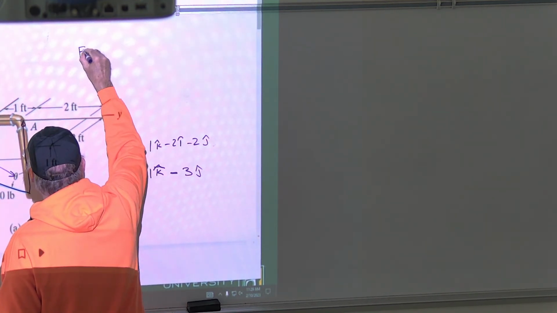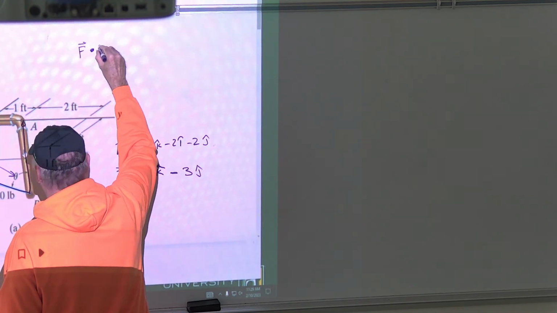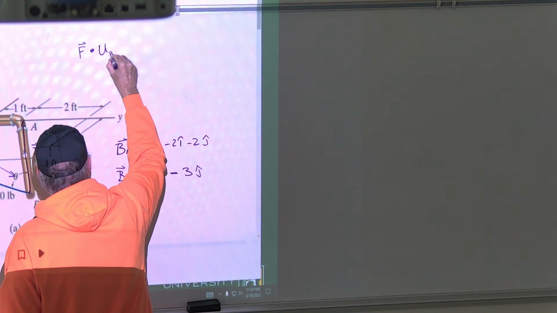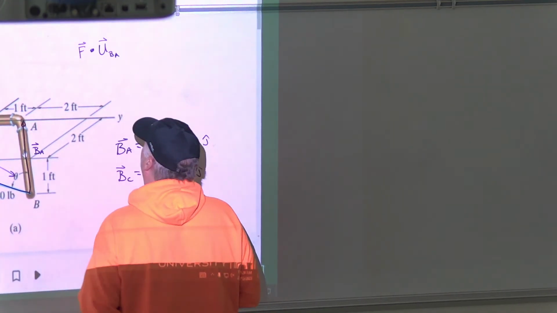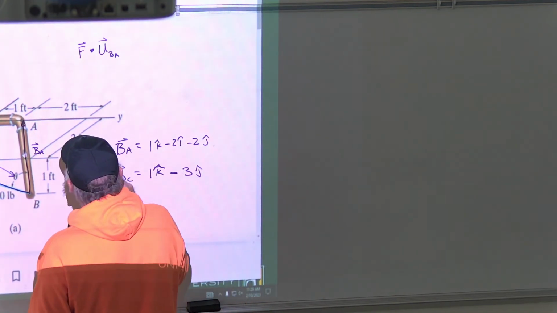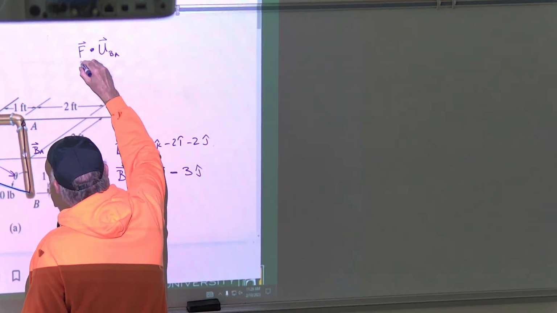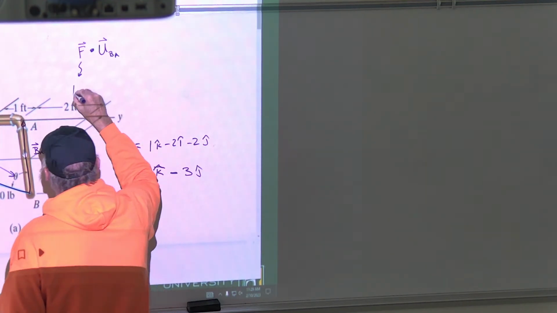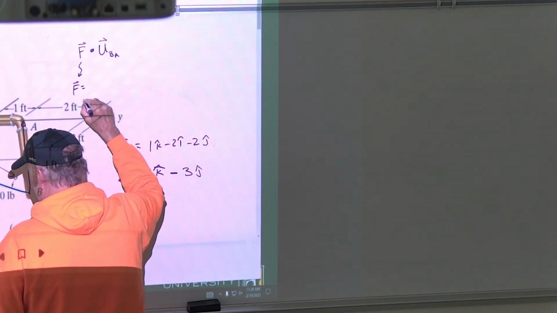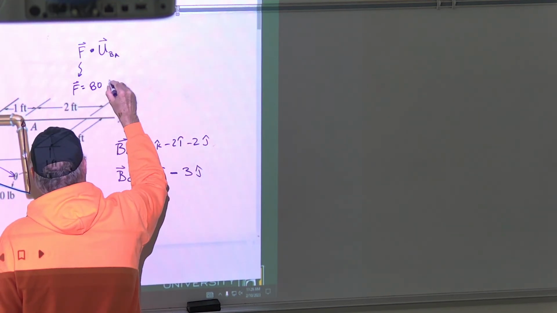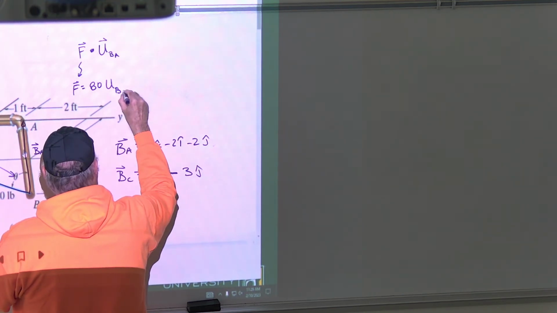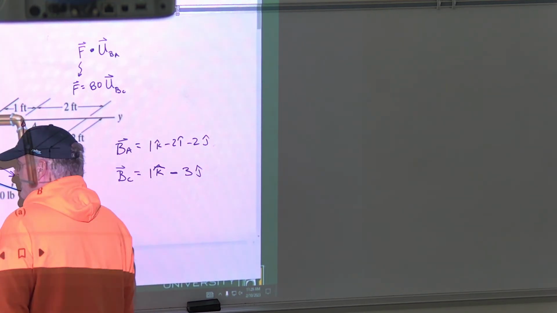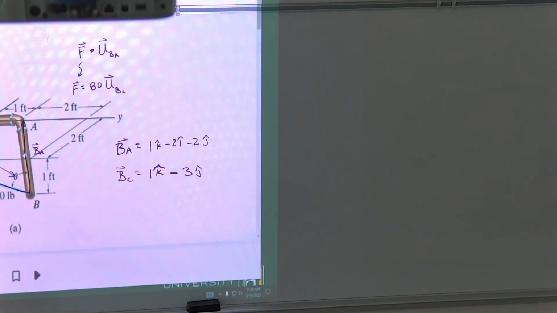I want to know F, the vector F, dotted with U along the vector from B to A, so that vector. Well, interestingly enough, this vector F is 80 times the unit vector that goes along B to C. Okay, so let's think about those two for a minute.